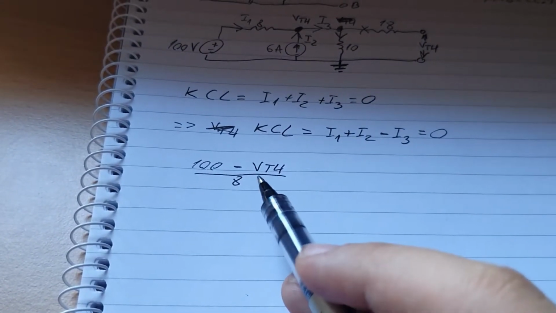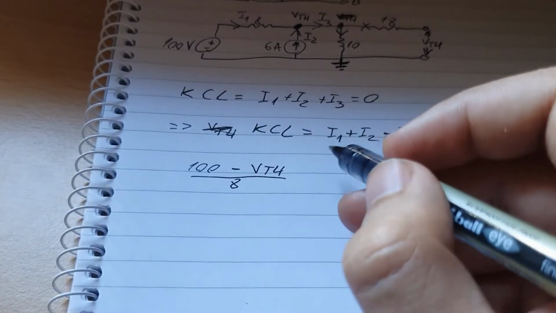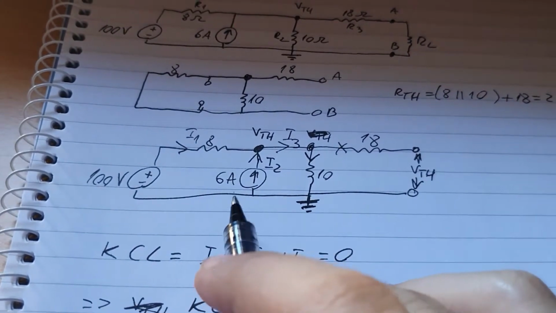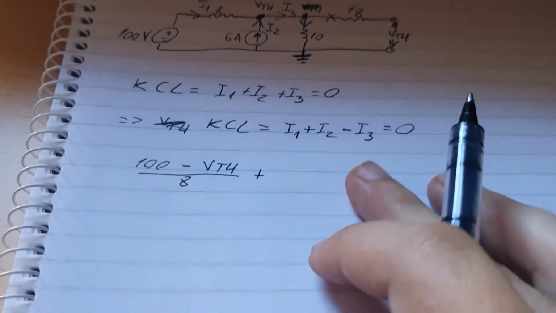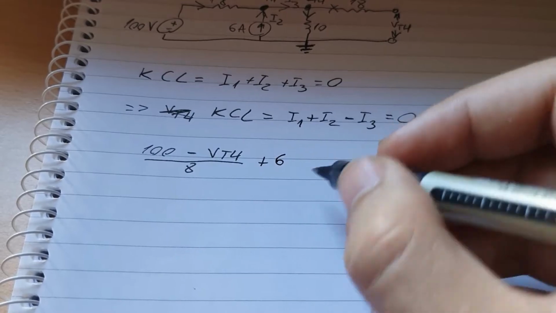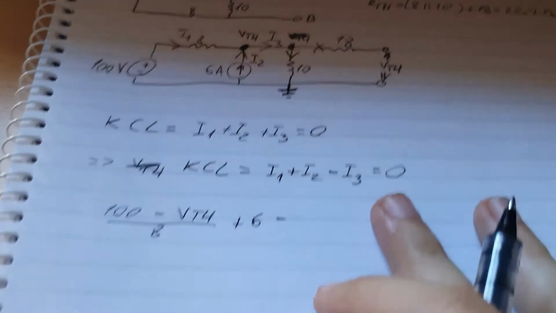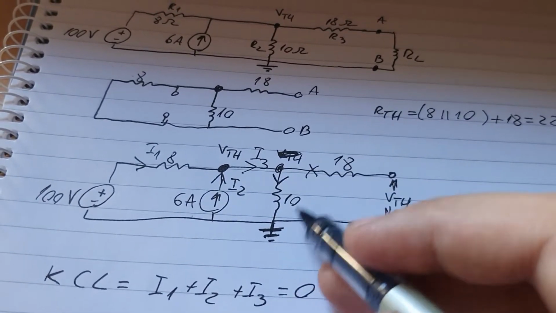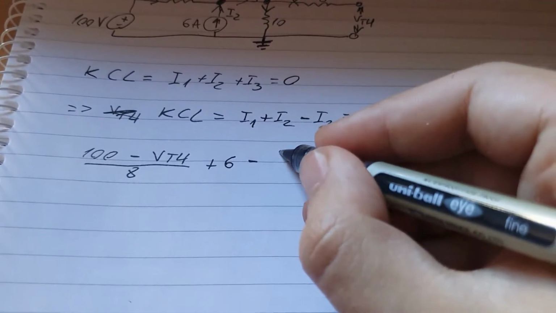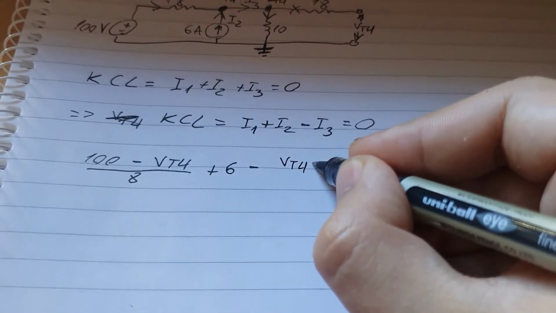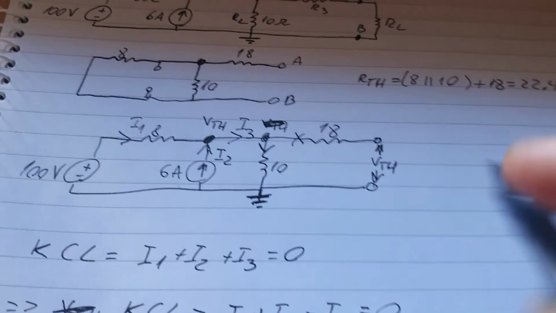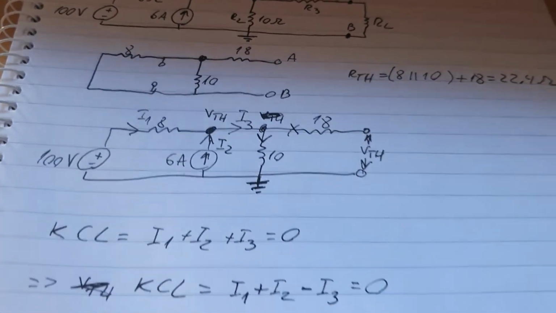This one here is I1. Now let's do I2, which is really simple, because I2 is simply 6 amps. So it will be plus 6, and then minus I3. And again, I3 is VTH minus 0 all divided by 10, because that's the resistance that the current goes through.